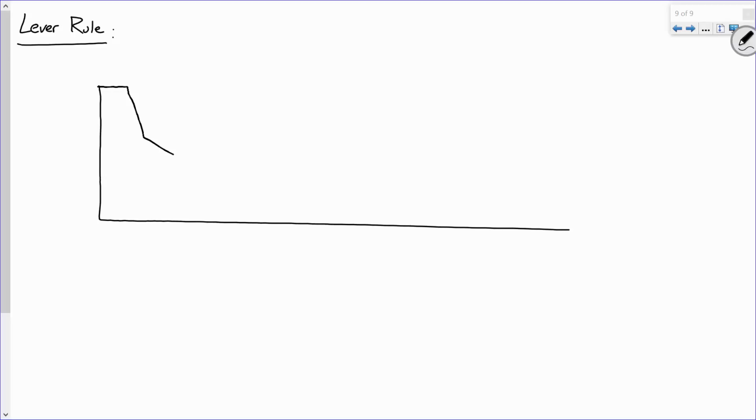You've got your barrier, and you're going to have a truck that has half of its wheel right here and half of its wheel right here. So this is a half and this is a half.